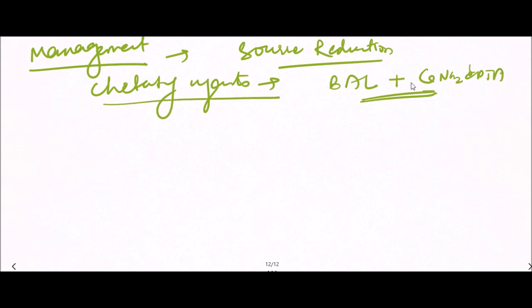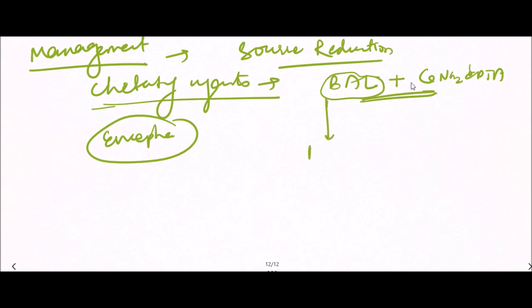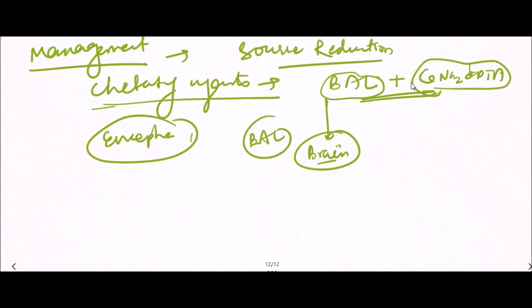But what happens if the patient is suffering from encephalopathy? BAL has small particles, so it can enter the brain as compared to calcium disodium EDTA. So first we'll give BAL in case a person is having encephalopathy.